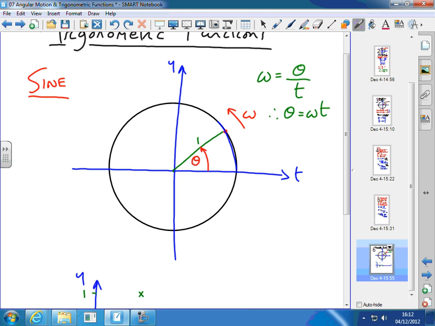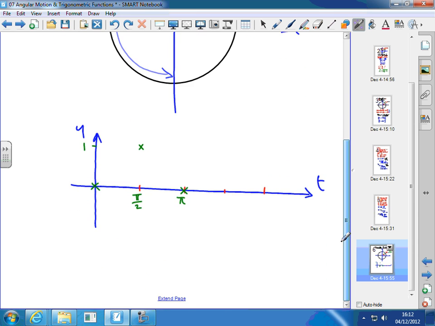That's half a pi, that's pi, this is 1.5 or 3 pi over 2. Yeah. So at 3 pi over 2, we're at negative 1. 3 pi over 2, or 1.5 pi, we're down to negative 1. So if I say negative 1 is about here, then we'll be about there on our sketch.